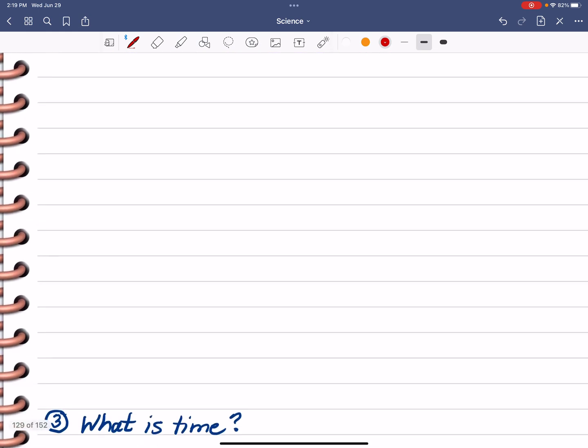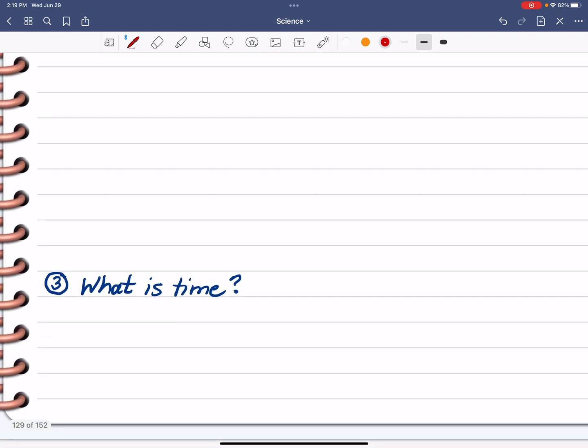And then let's jump down here to number 3 where it says, what is time? Now this is one of my flashcards. I can simply use that definition. Let's put it in sentence form. Time is the interval, and remember what word I told you you can think of when you see interval?